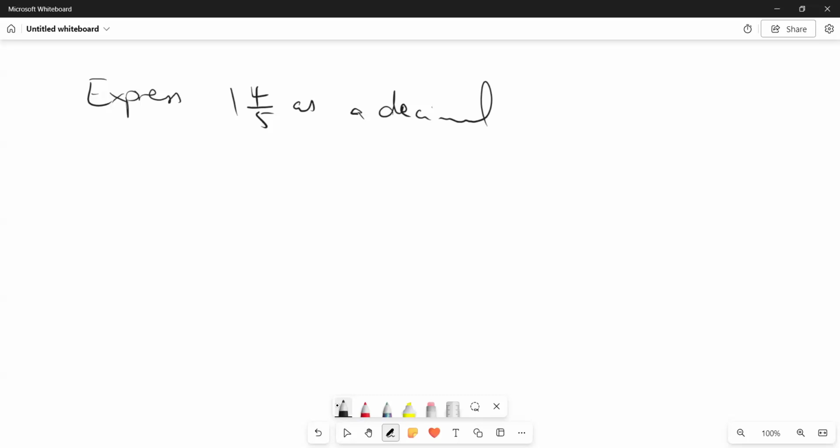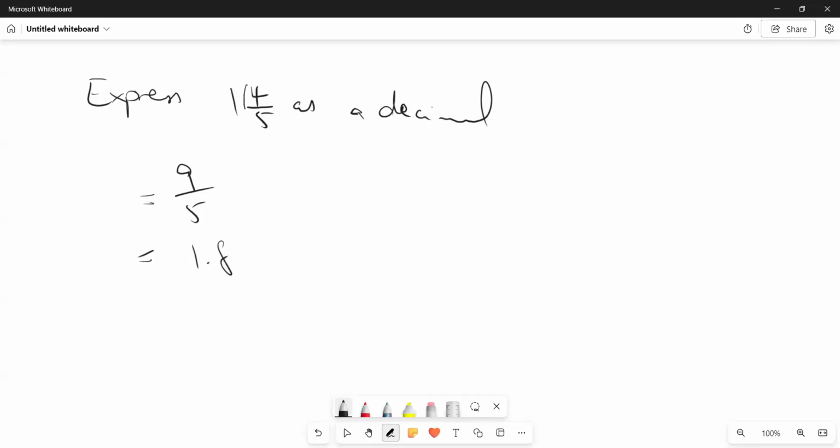Again, there is more than one way. You can change this to an improper fraction and you get 9/5. And you do the long division. 1.8. I'm just saying, you can do your long division or your short division, and you will get your 1.8, right?